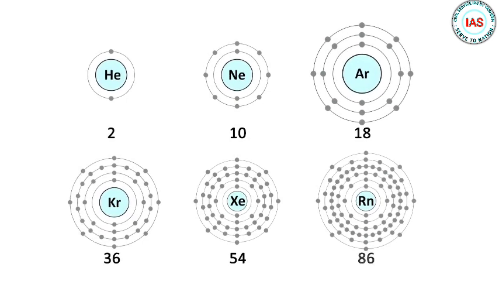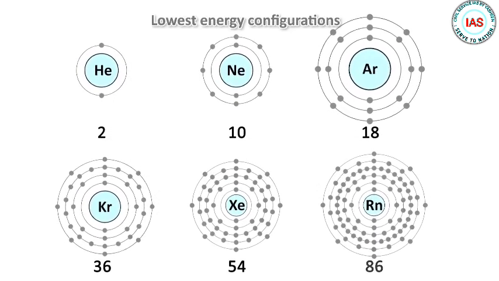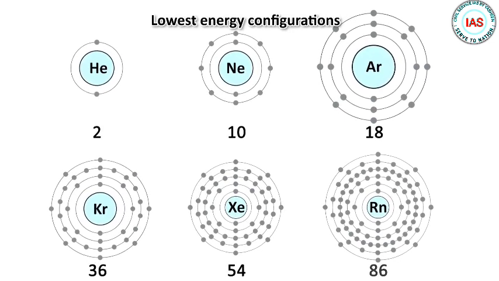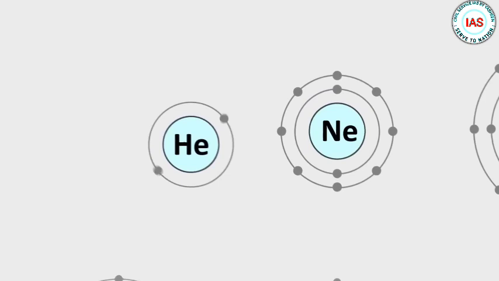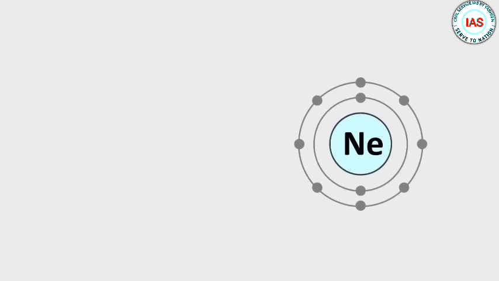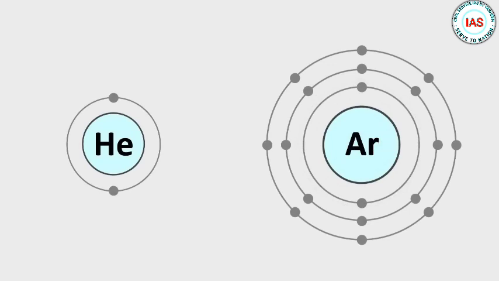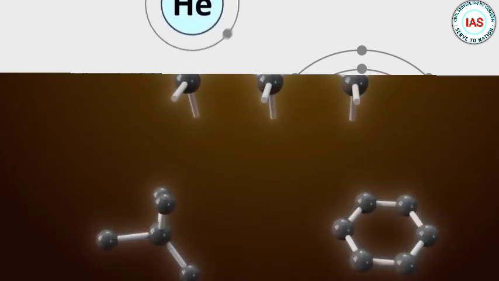These are special elements that have a complete outer shell of electrons. This is the lowest energy configuration that an atom can have. This makes them chemically stable because they do not typically need to share, gain, or lose electrons to form bonds with other atoms to become more stable. This is also why they're chemically inert, since they do not generally interact with other atoms to form molecules.